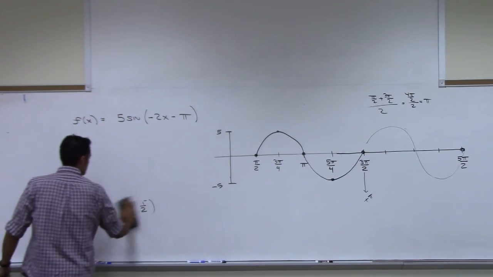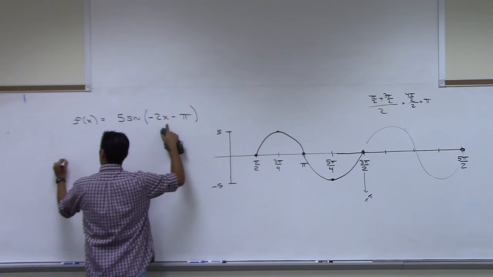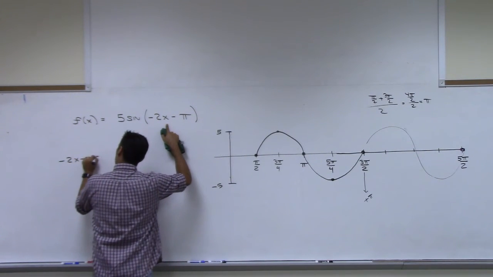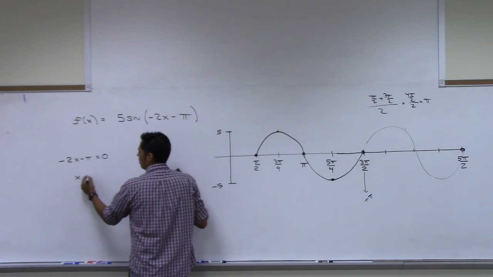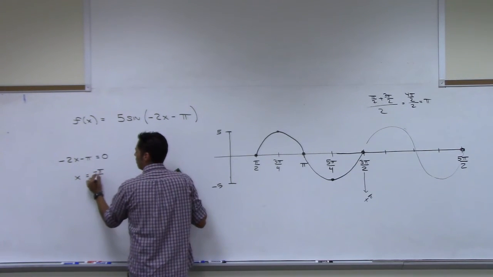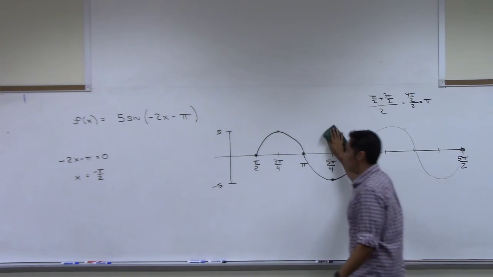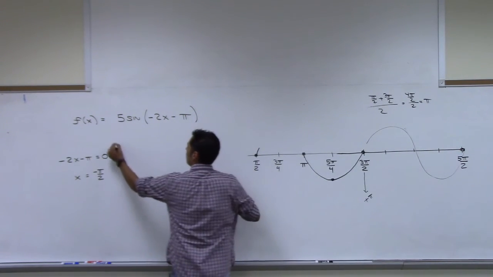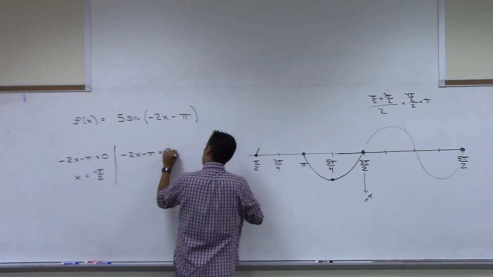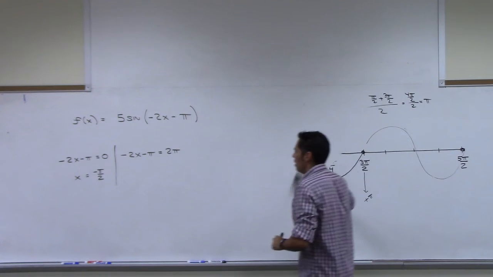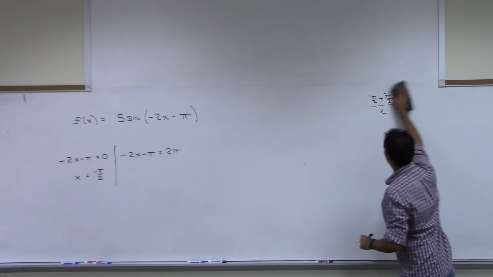Does it change our x-intercepts? You set this equal to 0. And you should get x is negative pi over 2 this time, right? And then when you set negative 2x minus pi equal to 2 pi, which is the next standard step, you add pi to both sides, which gives you 3 pi.